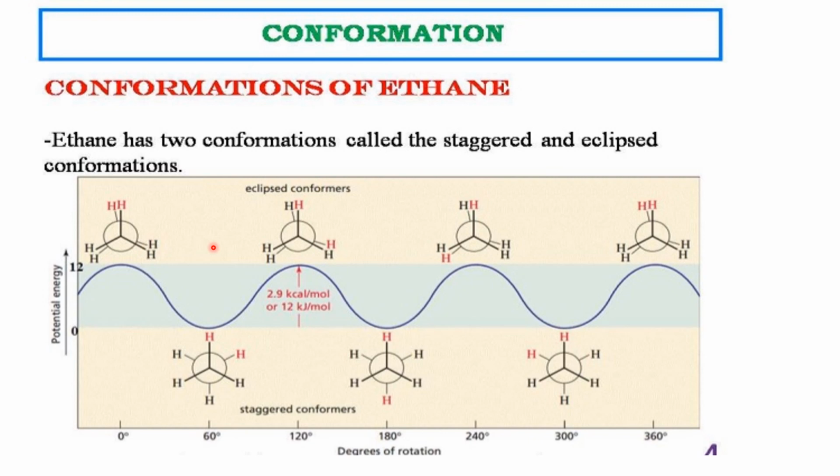So we could say eclipsed conformations are least stable while staggered conformations are highly stable. The energy diagram clearly shows that the potential energy of all the staggered conformations, whether the dihedral angle is 60 or 180 or 300 etc., is minimum, while for eclipsed conformations the energy is maximum.